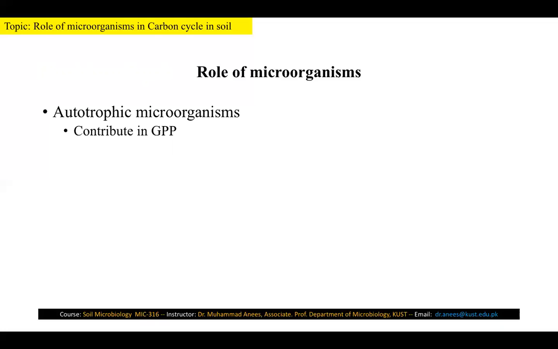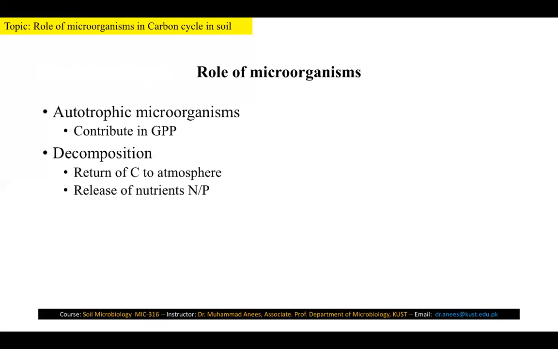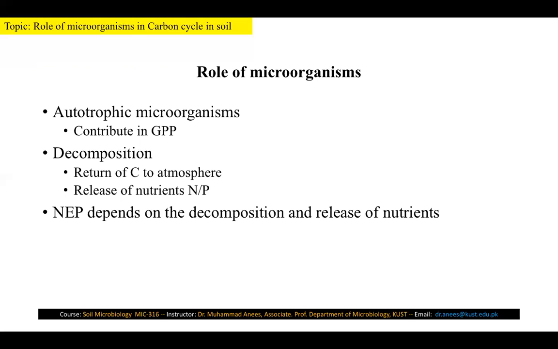I mean, they perform photosynthesis and produce the biomass by consuming carbon dioxide. And then the microorganisms, as you know, are the principal decomposers. They finally decompose all the organic matter and return carbon to the atmosphere, along with release of other nutrients such as nitrogen and phosphorus.